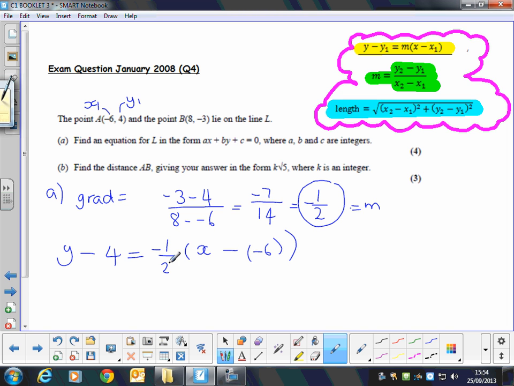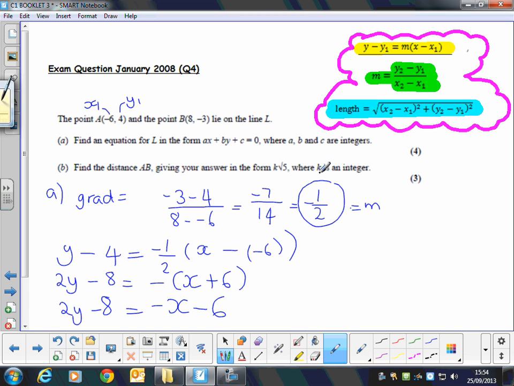To get rid of this 2 at the bottom, I can multiply both sides by 2. So I get 2y minus 8 is equal to minus, and then 2 minuses will give me a plus, plus 6. Now I can expand this out to get minus x, and then minus and a plus will give me minus, so minus 6.